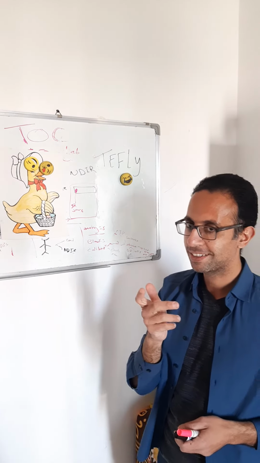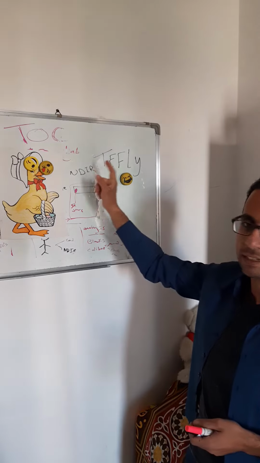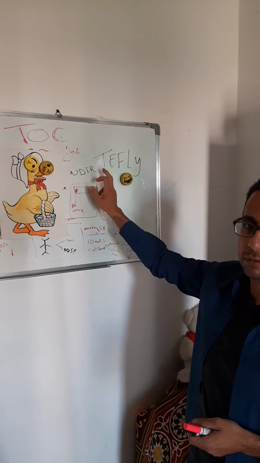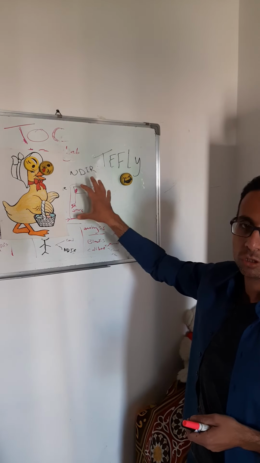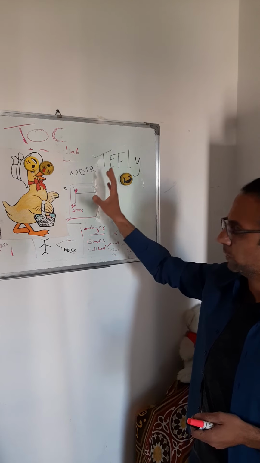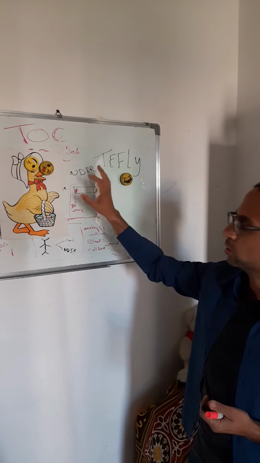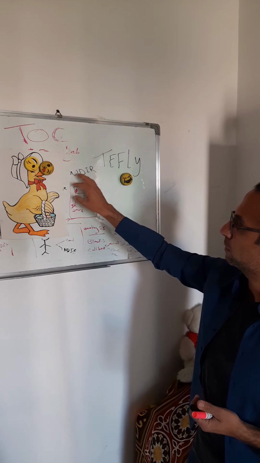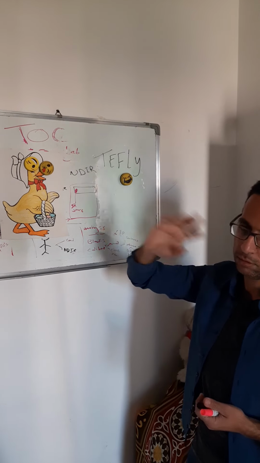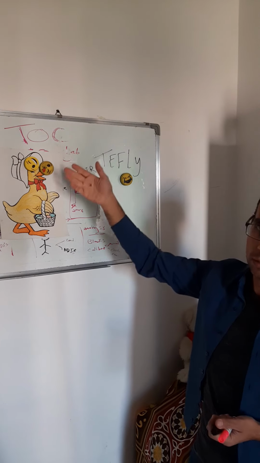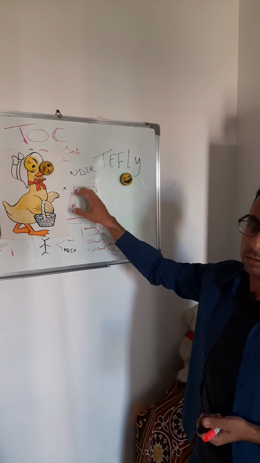Who said this? Okay, excellent. NDIR, non-dispersive infrared. This is measuring the TOC, actually the CO2 which is released, by using NDIR as a detector.